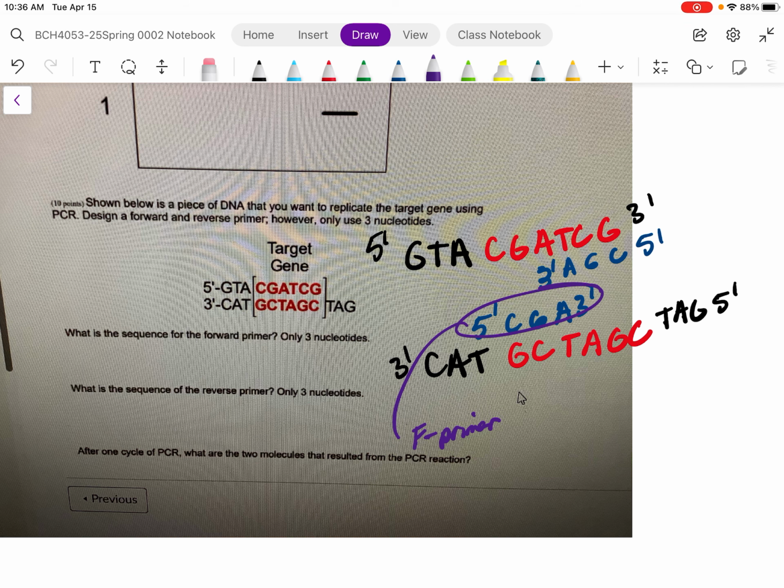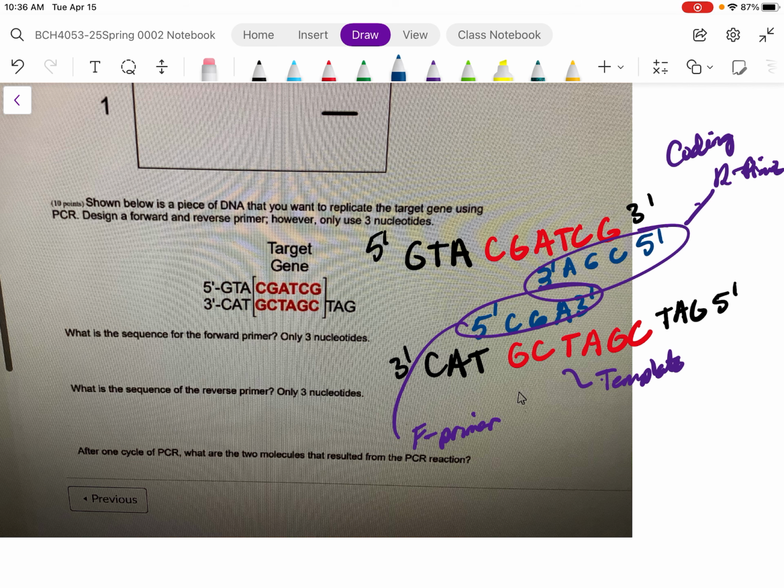So the forward primer is bonding to the non-coding strand or the template strand. So this we could say is our template strand. And then our reverse primer, which is this guy, is going to anneal to the coding strand.